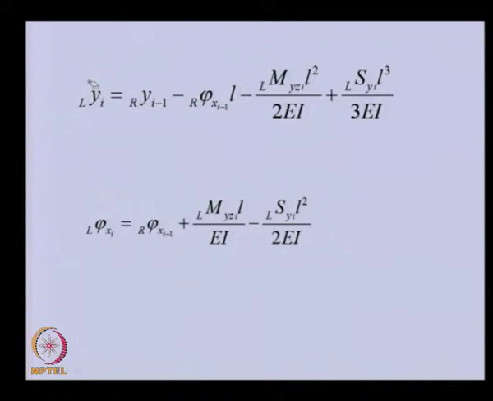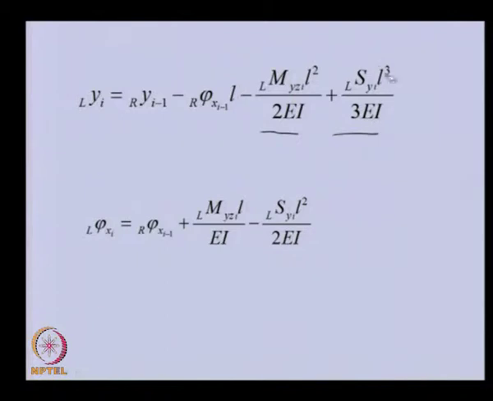So, the displacement of the left of the ith disk is given by these two terms, which come from the cantilever when we consider the shaft as fixed.